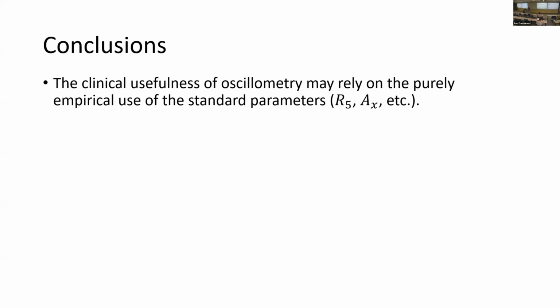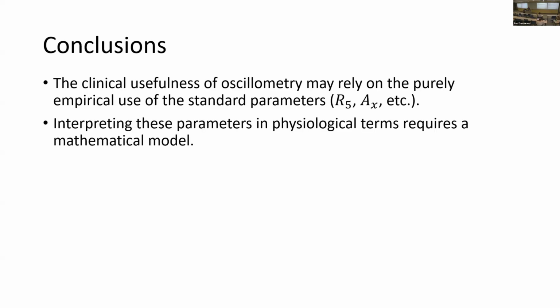But if you really want to start saying, well, this parameter means that, and that parameter means this, and talk about small airways disease, peripheral versus central, that's where I start to get a little concerned, because the evidence or the rationale for doing that is very equivocal in my mind. And a lot of it's based on the historical use of models, which are probably inappropriate. So we have to be very careful about doing that.